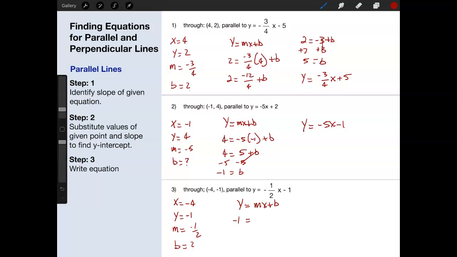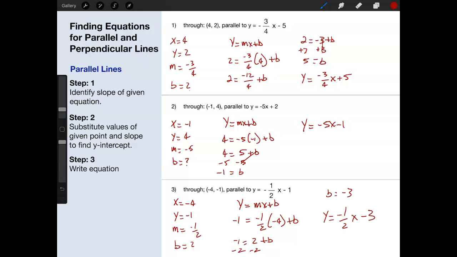Negative 1 equals negative 1 over 2 times negative 4 plus b. Negative 1 equals, now negative 1/2 times negative 4 is positive 2, plus b. We subtract 2 from both sides, and we get b equals negative 3. Now we can write our equation, y equals negative 1/2 x minus 3.